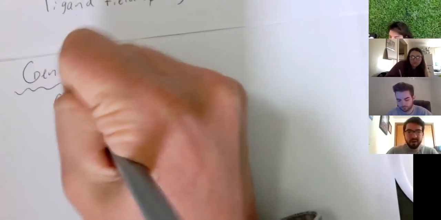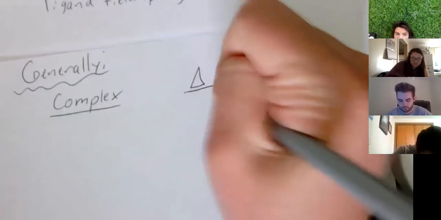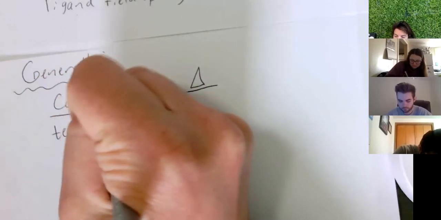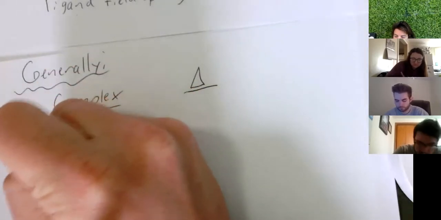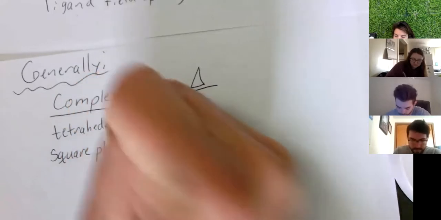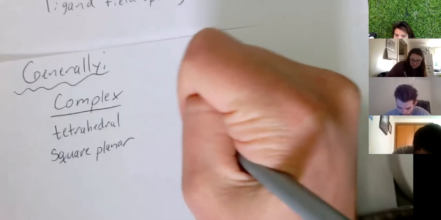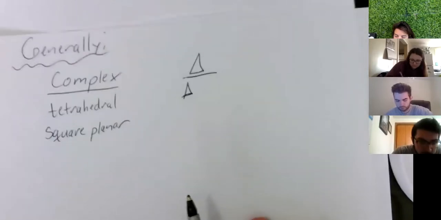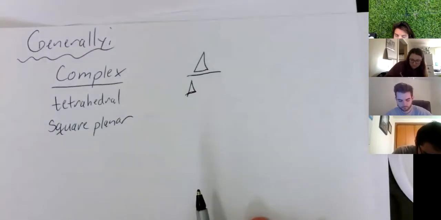Generally, as an example to illustrate this, we're going to have two different types of complexes, and then we're going to talk about their field splitting. We got tetrahedral, and we got square planar. So in octahedral, the field splitting was delta O. What do you think we're going to do for tetrahedral?